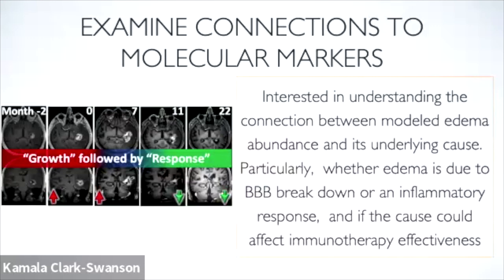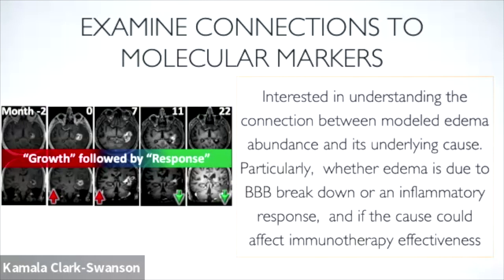One of the reasons we're interested in looking at edema in connection with molecular markers in particular is because a number of things show up bright on MRI. As you saw in the previous images, edema shows up bright. And as Andrea brought up yesterday, something else that shows up bright is inflammation, or inflammation response to, say, immunotherapy.